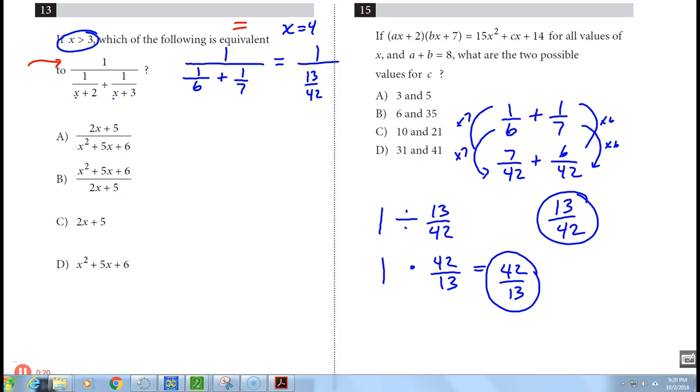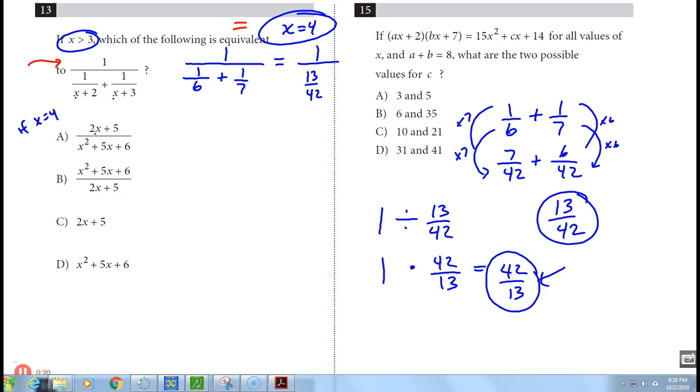So I now need to try my original number, 4, that I plugged in, in every choice and see which answer is 42 over 13. So let's just do this. I start off with part A. If x equals 4, let's try it.